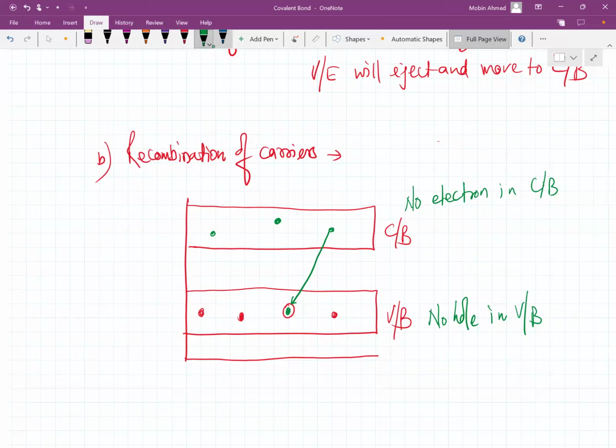Now we can show some more, one more hole here like this.